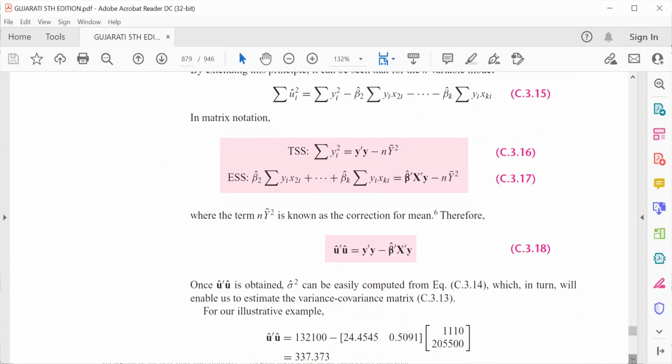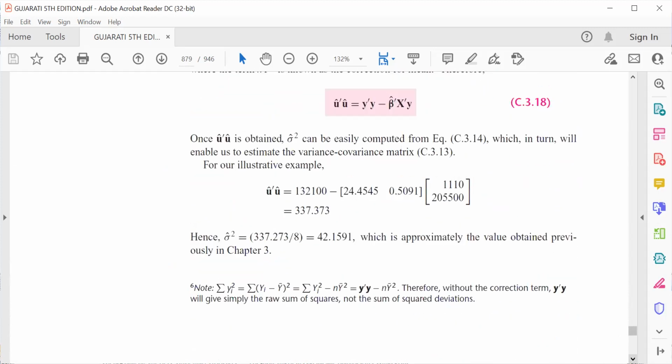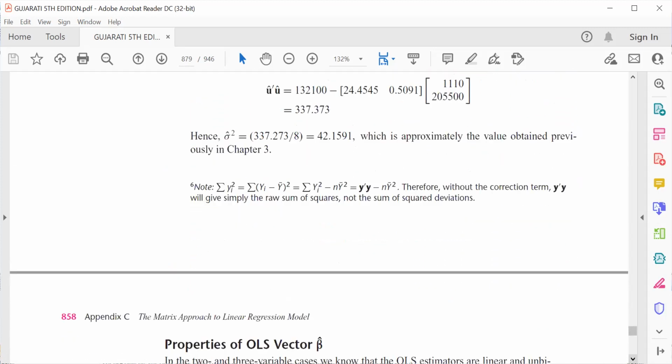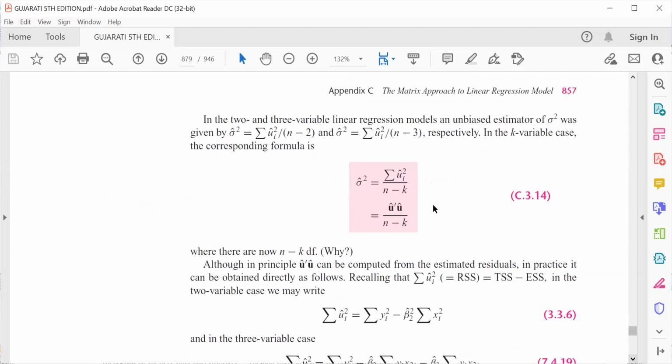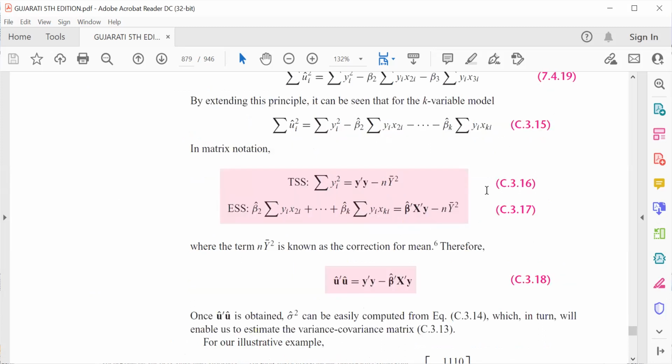If we divide it by n minus k, we get sigma square. Okay, sigma square is mu prime mu over n minus k. Y prime y minus beta prime x prime y is equal to mu prime mu.